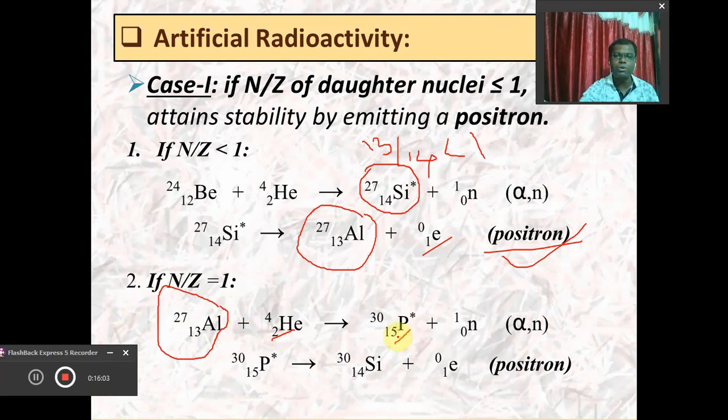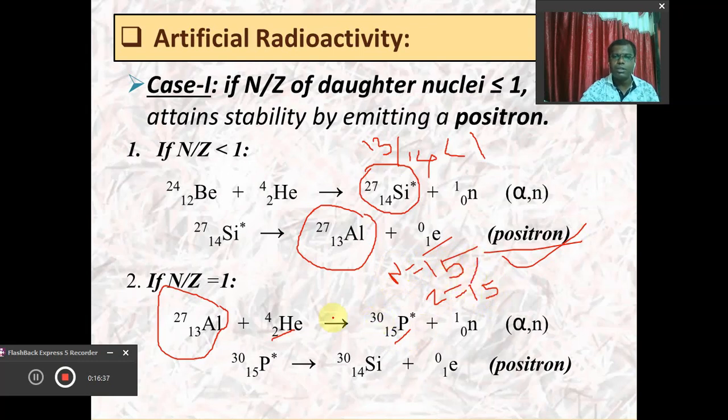Phosphorus has atomic number 15, so Z is equal to 15, the number of protons. Mass number minus atomic number, 30 minus 15, is the number of neutrons, so N is also 15. So 15 divided by 15 is definitely equal to 1.